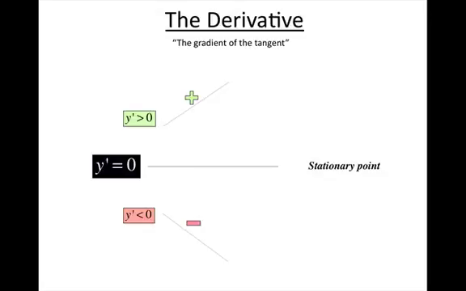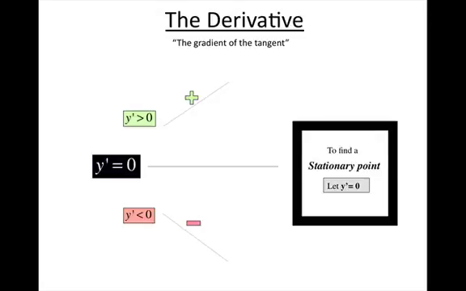And at that point, when y dash equals 0, we get the stationary point. So the big thing to take out of it is to find a stationary point, you let y dash equal 0. Then that stationary point could be a minimum, such as that one. If it's a happy parabola, the stationary point will be a minimum. Or if it's a sad parabola, the stationary point will be a maximum.